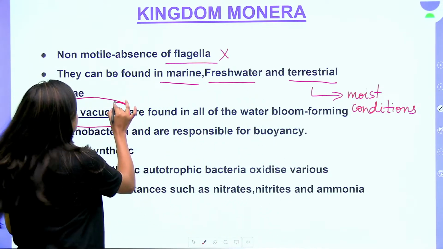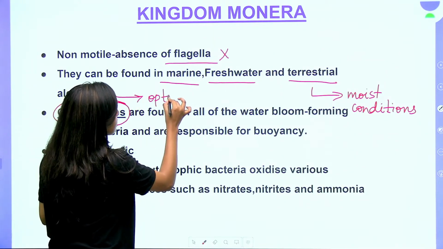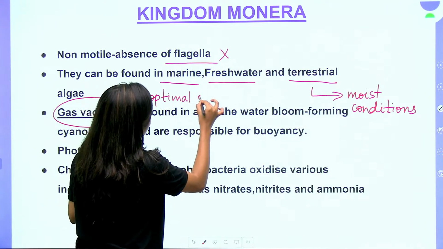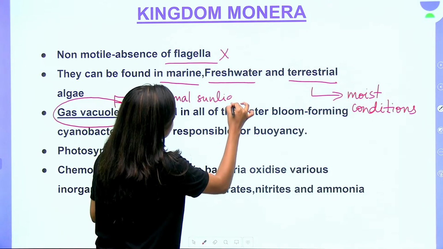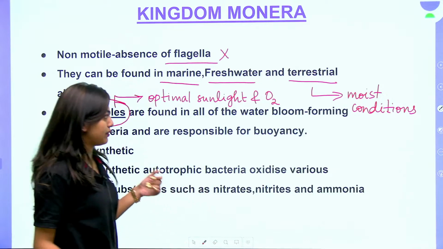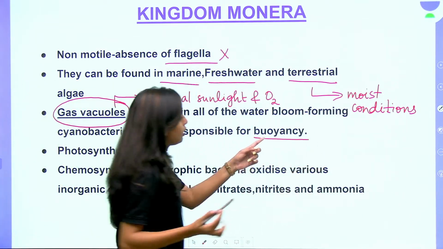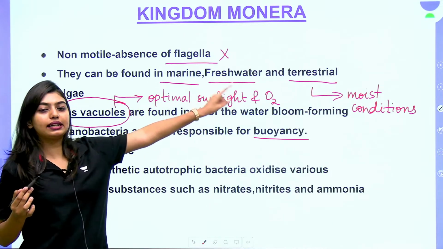This is its function. The gas vacuole provides buoyancy, which allows them to have optimal sunlight and oxygen for survival.